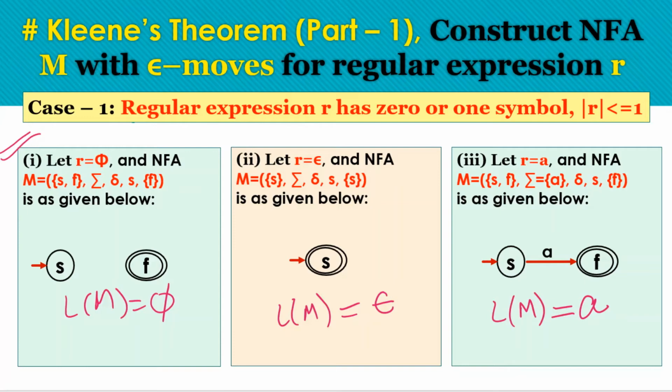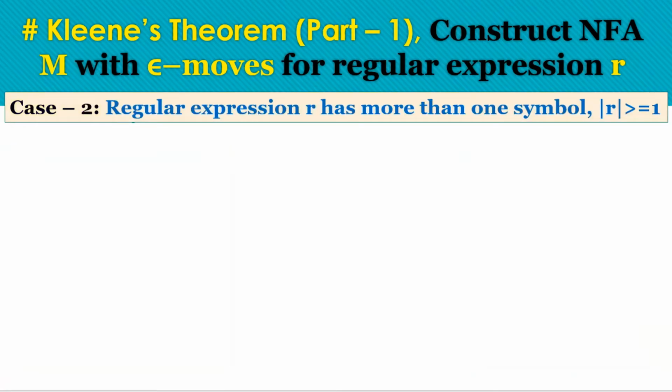Next we have case 2. If the length of the regular expression R is greater than 1, meaning we have more than one input symbol in the regular expression, then we are in case 2. Under case 2 we have to prove four identities, as we have already discussed.